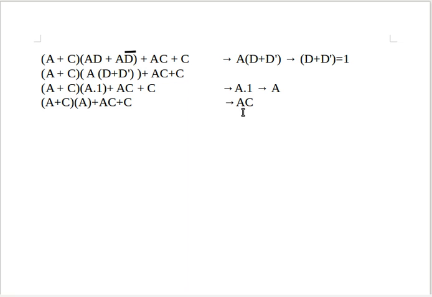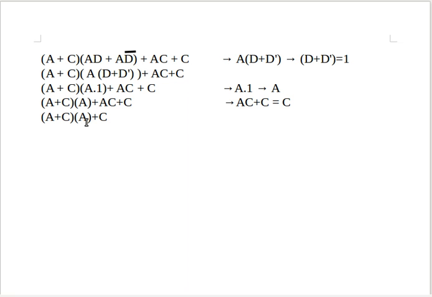AC or C equals C. AX plus X equals A. AX plus A equals A. So now we're left with A or C ANDed with A or C.